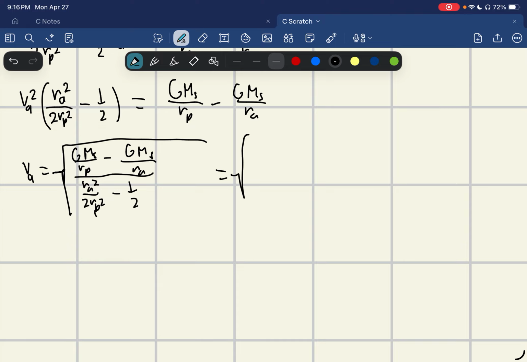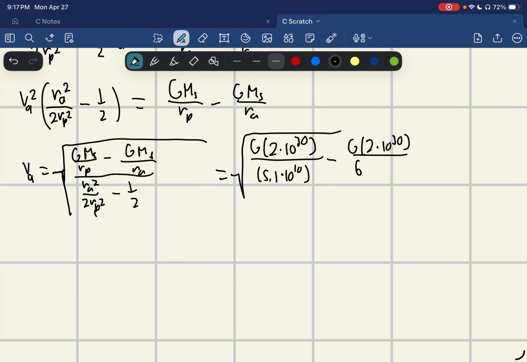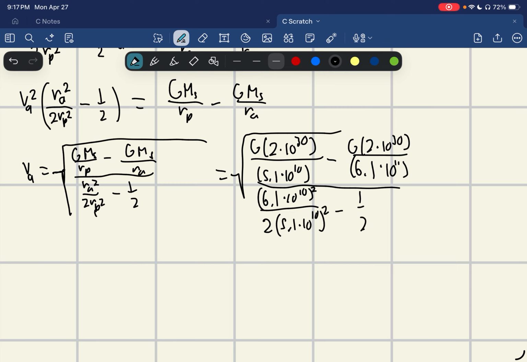So the constant is just G, and the mass of the sun is 2 times 10 to the 30, all over RP, which is 5.1 times 10 to the 10, minus G, and then 2 times 10 to the 30 all over RA, which is 6.1 times 10 to the 11, all over 6.1 times 10 to the 11 squared all over 2 times 5.1 times 10 to the 10 squared minus 1/2, and all this in the radical.